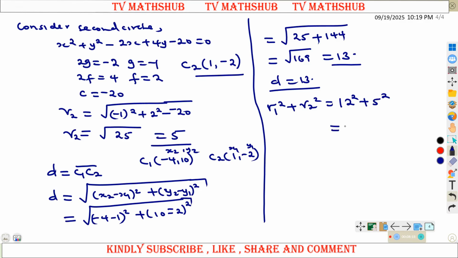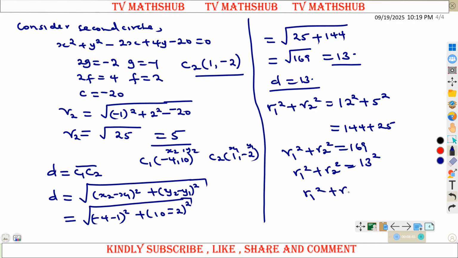And this will give us 144 plus 25, which is 169. But you realize this is 13 squared. So R1 squared plus R2 squared is 13 squared. What is 13? 13 is actually D. So meaning you have D squared.